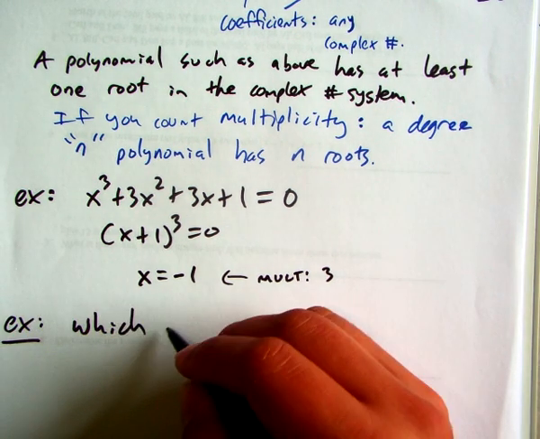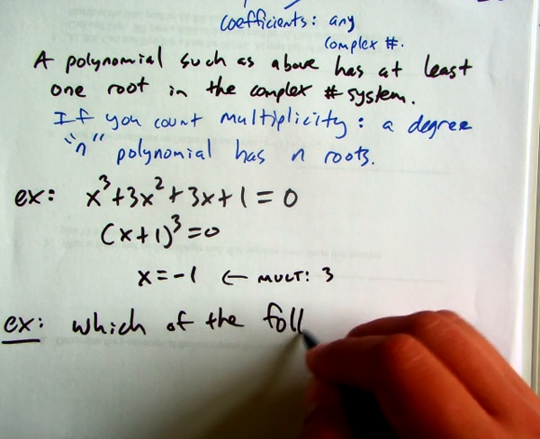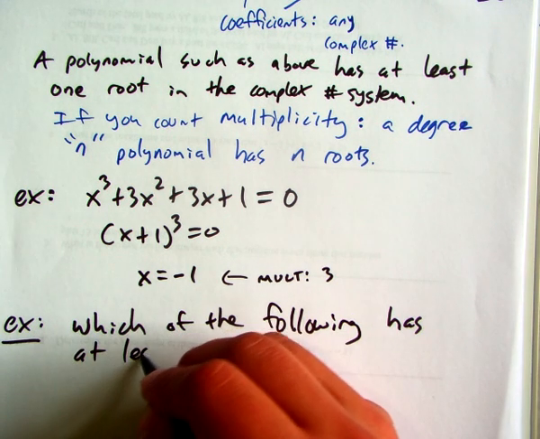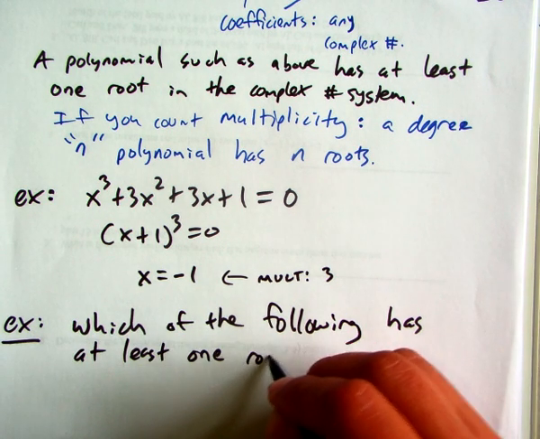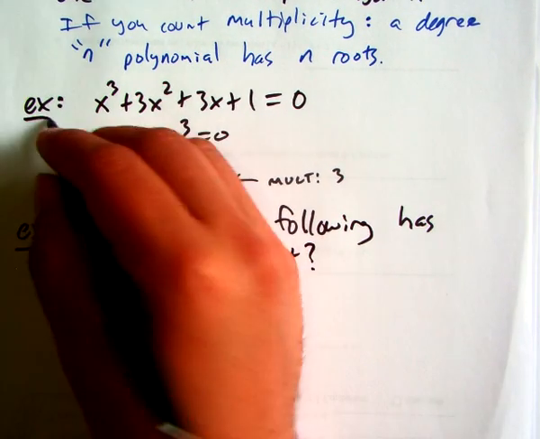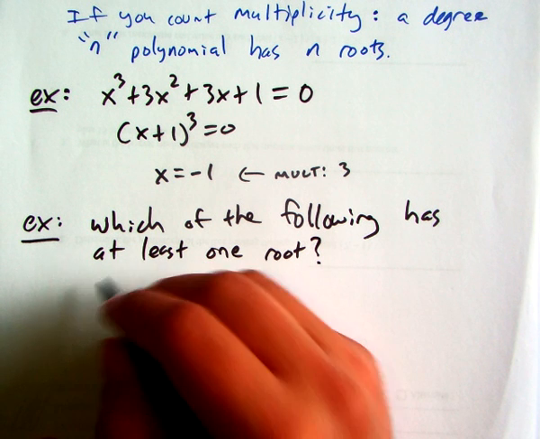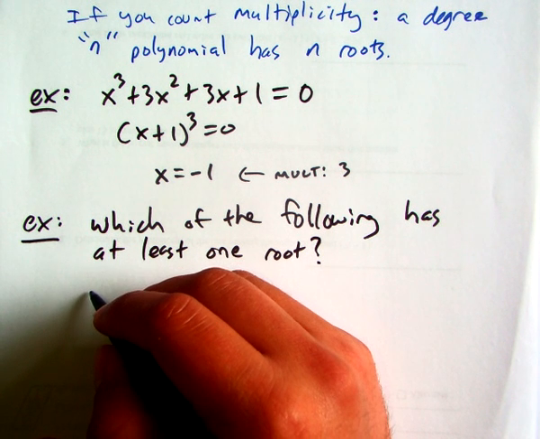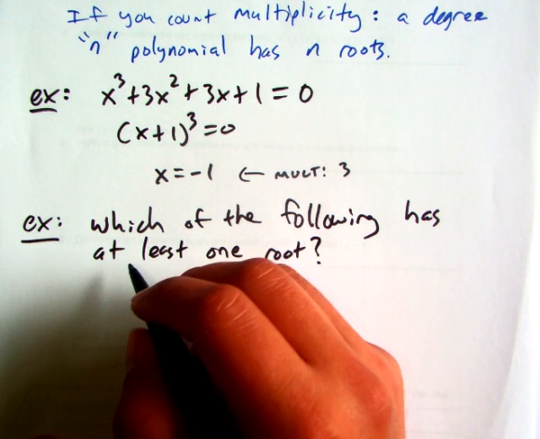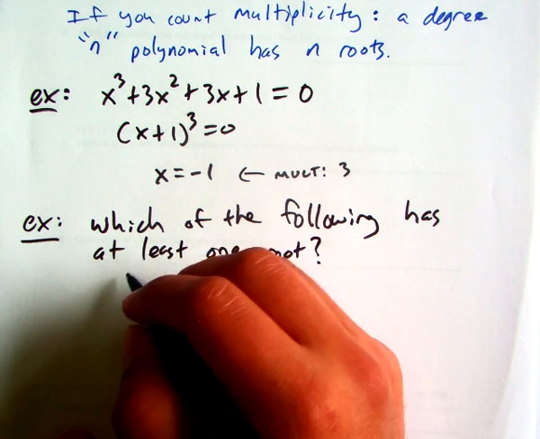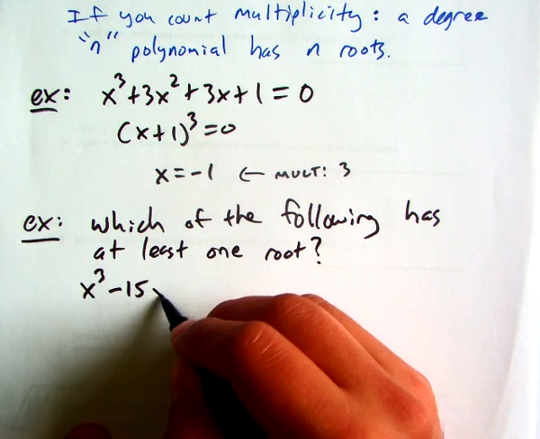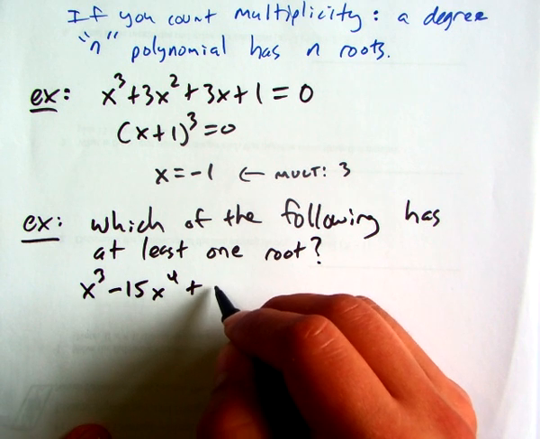Which of the following has at least 1 root? So I'll just give you a few different equations or functions, and you tell me if you think they are guaranteed to have at least 1 root or not.